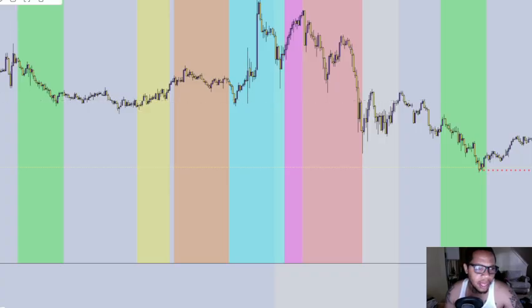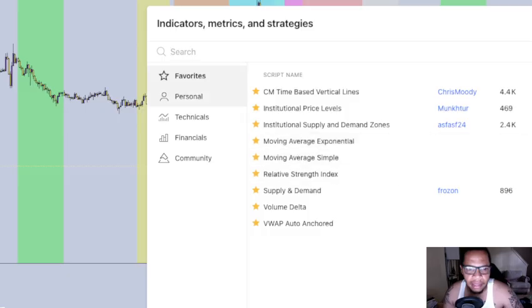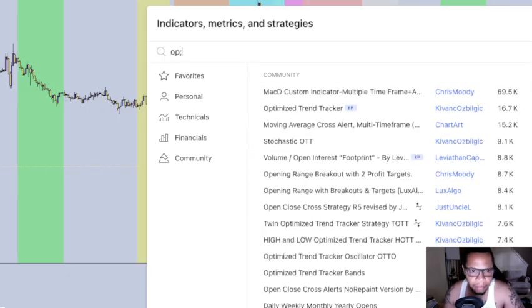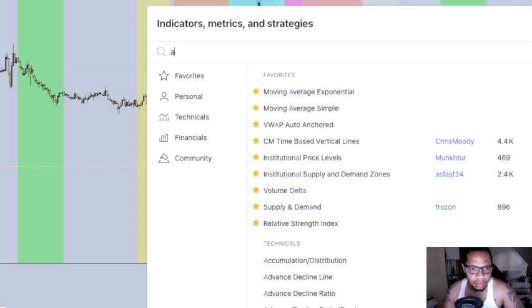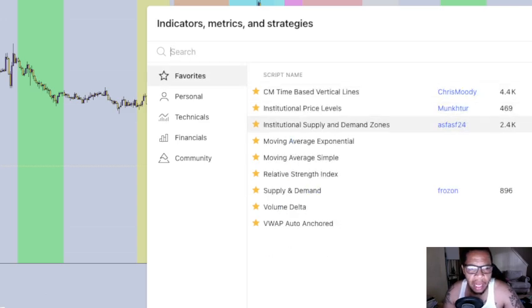That's the CM time baselines indicator on TradingView. If you go here and click on indicators, you'll find all the indicators. You can type in anything and any indicator will pop up. I've got all the indicators that I use already highlighted and favorited, so I don't really have to go through too much of that.